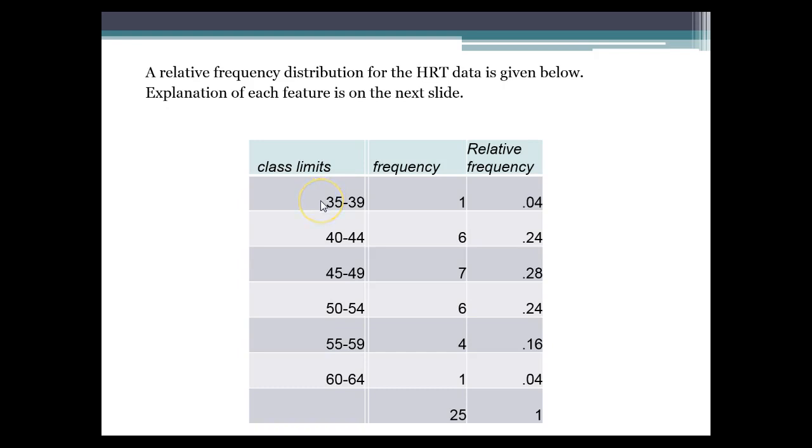Categories of width 5 means that that's how far apart the lower limits are. So if I said categories of width 10, your lower limits would be 10 apart. Starting at 35 means the first one is 35.